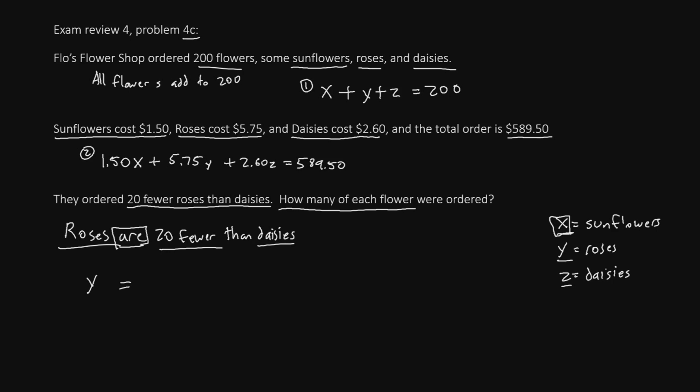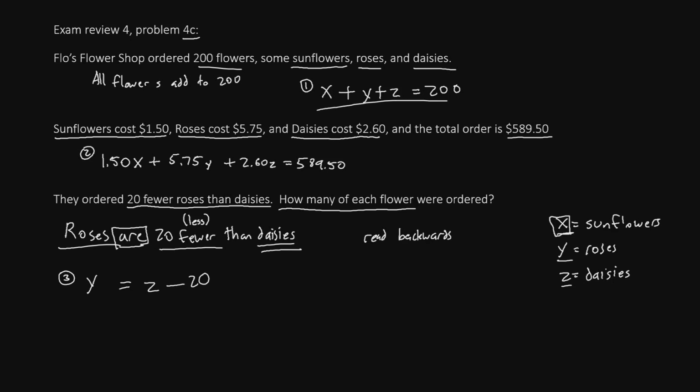Anytime it says fewer or less, we actually can read this backwards. Start with the daisies. So the daisies are Z, and then 20 fewer means minus 20. So equation number 3 will be Y equals Z minus 20.